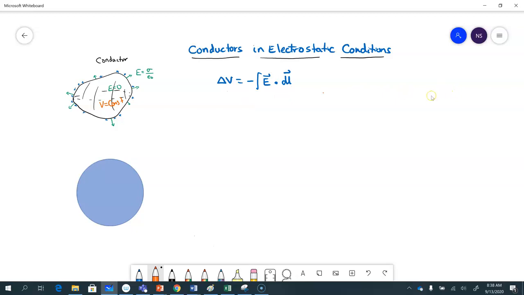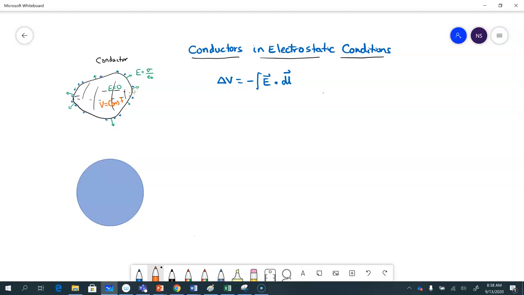As I get closer and closer to the conductor, I'm doing more and more work because I feel the strength of the electric field. I keep doing more and more work until I get to the surface of the conductor, right? And so the most work would be right when I get to the surface of the conductor.